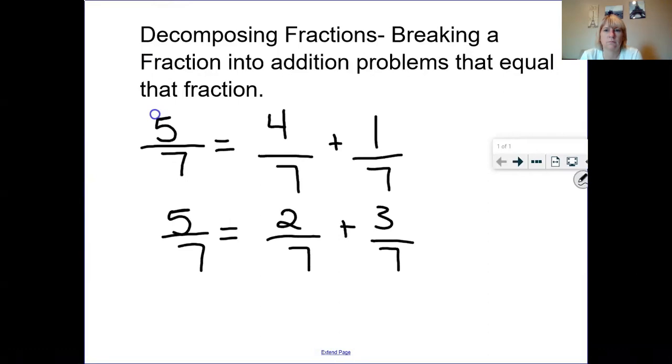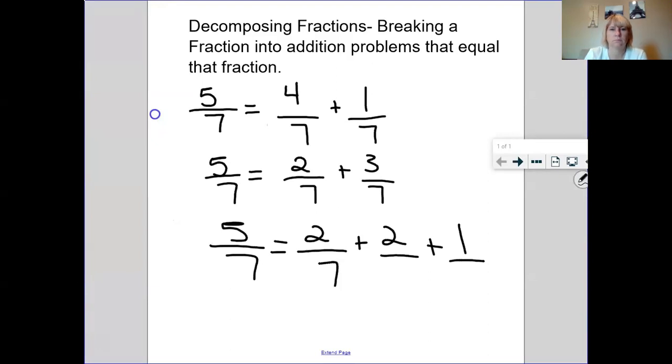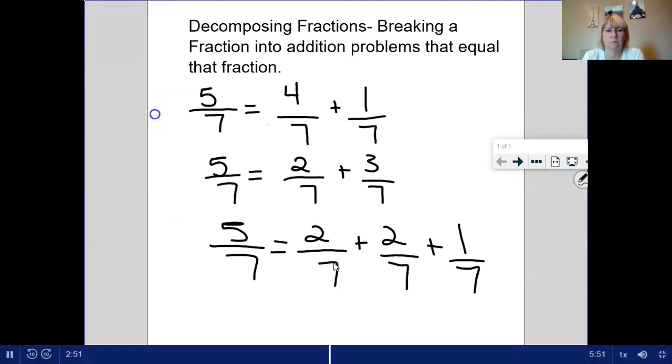What's another addition problem that equals 5/7? Well, I can keep going on and on. What about 2 plus 2 plus 1? Well, that equals 5. So I've just got to put 7 on the bottom because that is my denominator.